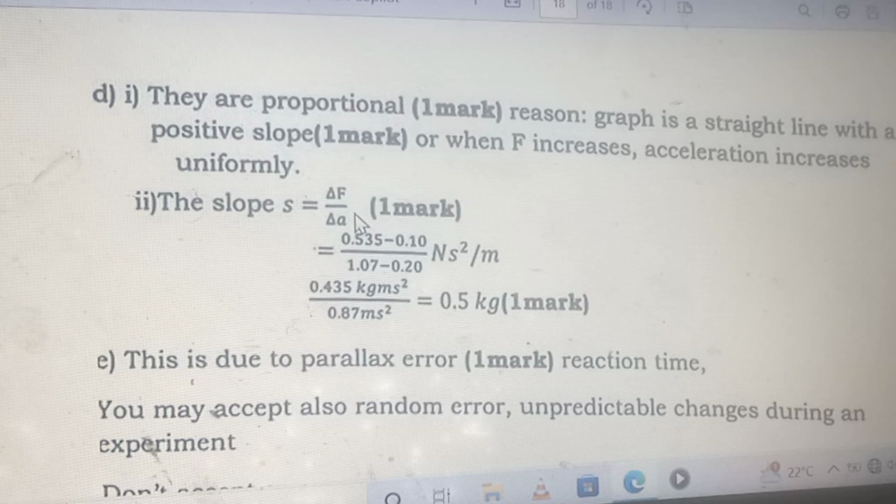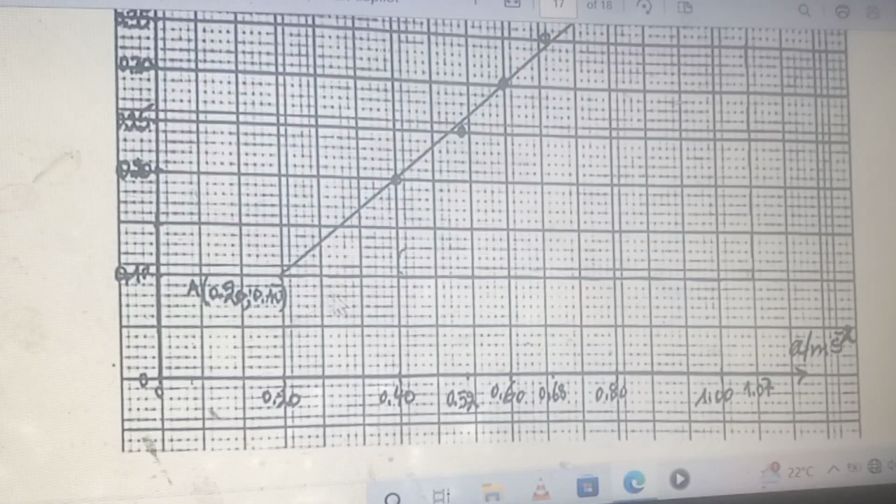You know that the formula of slope is equal to the change in y-axis over the change in x-axis according to the diagram or graph. It means you can take this point and this one.